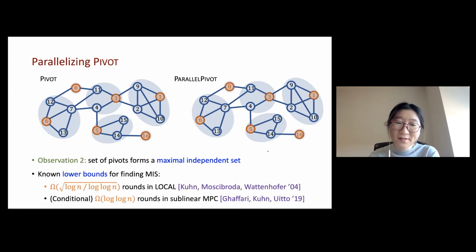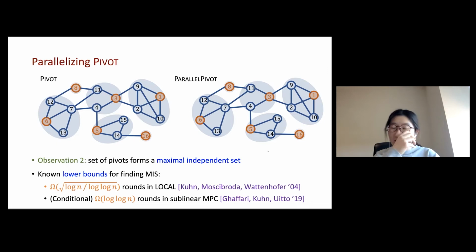And there are no lower bounds for finding a maximal independent set in different large-scale data models. For example, there's this lower bound of omega root log n over log n rounds in the LOCAL model, and there's also a conditional lower bound of omega log n rounds in the sublinear MPC model.